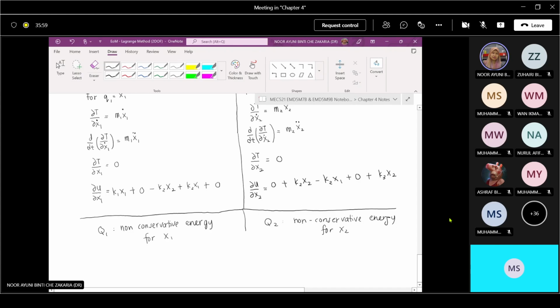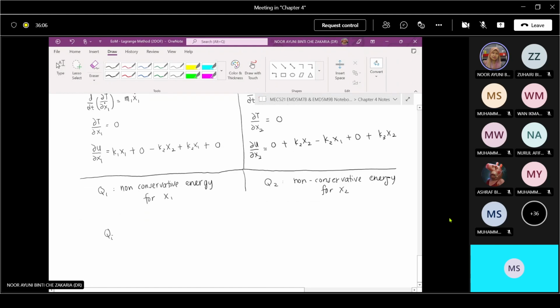Okay, non-conservative energy Q in general is equal to the partial derivative of total work.